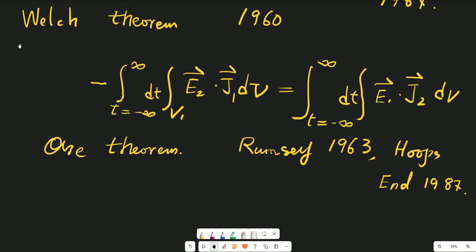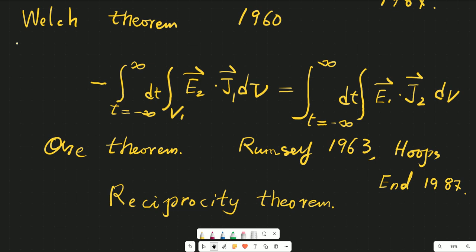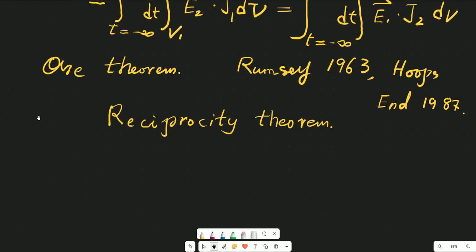They all call this the reciprocity theorem, but only I call it the mutual energy theorem.